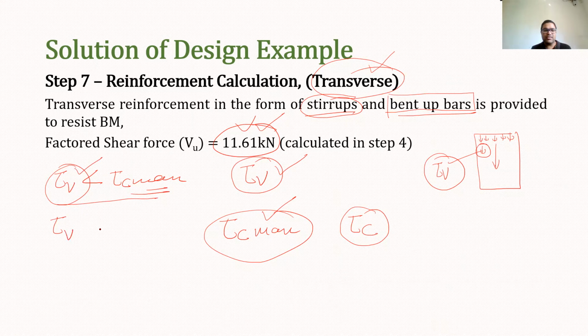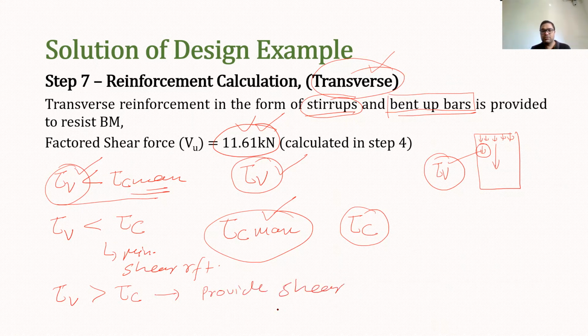If tau v is less than tau c, then shear reinforcement is not required, but as per IS code recommendation, we generally provide minimum shear reinforcement. And when tau v is more than tau c, in that case, we provide shear reinforcement.